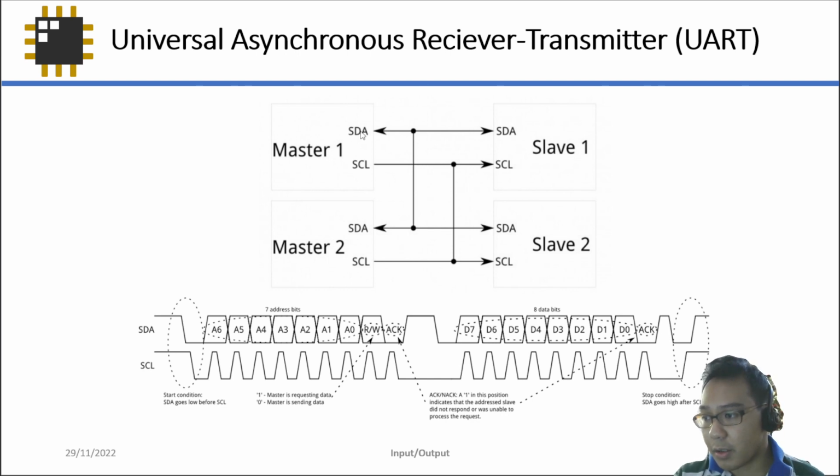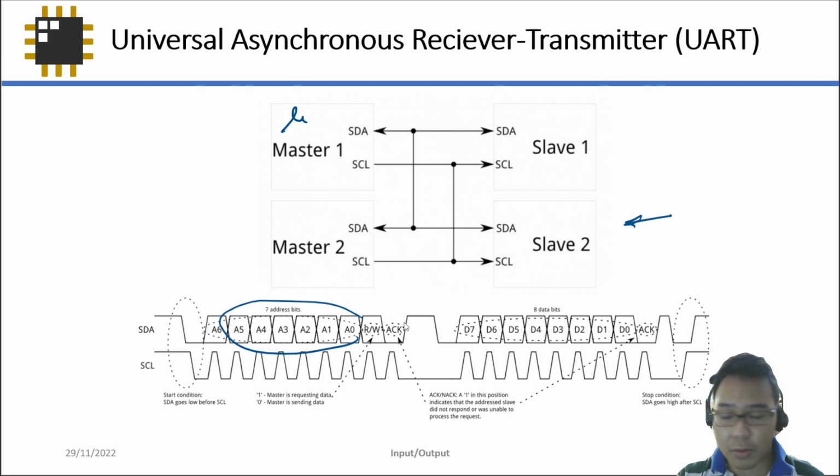Say, for example, that your microprocessor was master one. What happens here is that master one, in order to communicate with, for example, slave two, first sends the address of slave 2. If the SDA was suddenly deasserted, everyone starts listening because that's the start bit.